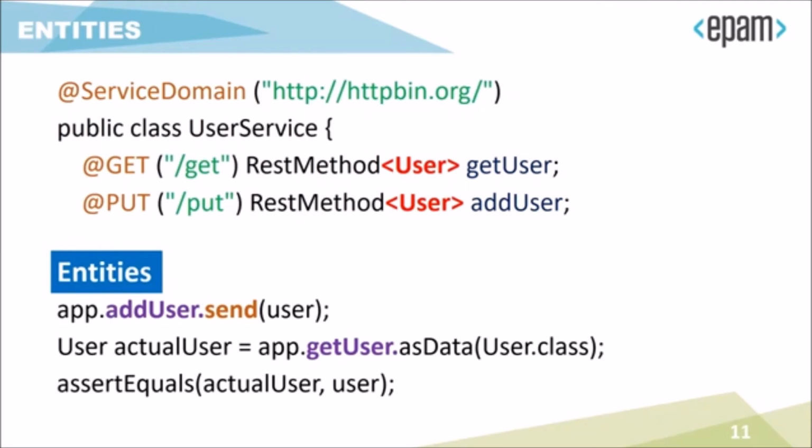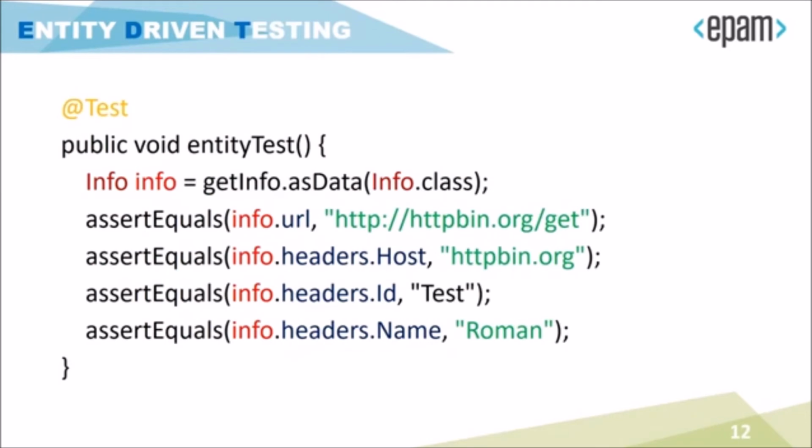For example, you can assert it, or you can just use simple asserts from TestNG or JUnit and do some operations with this object, like validate its URL, headers, and something like this. All this stuff you can describe in your business object and manipulate with it in your tests.